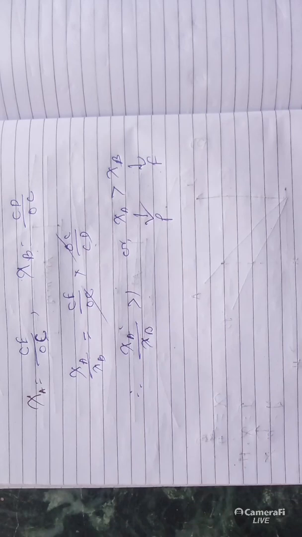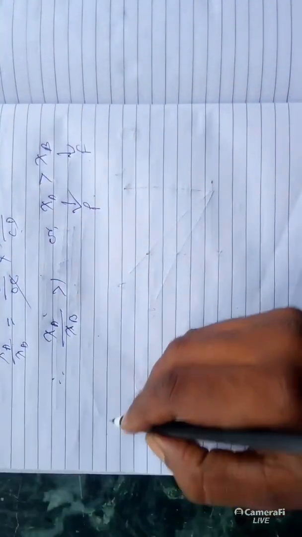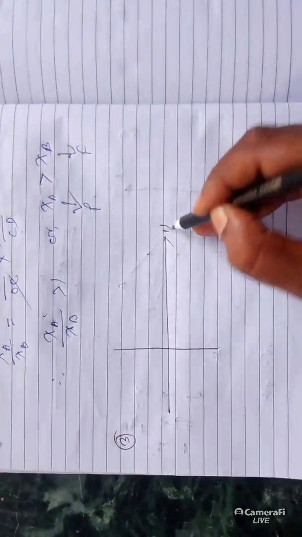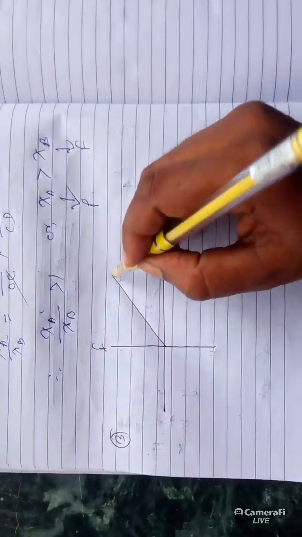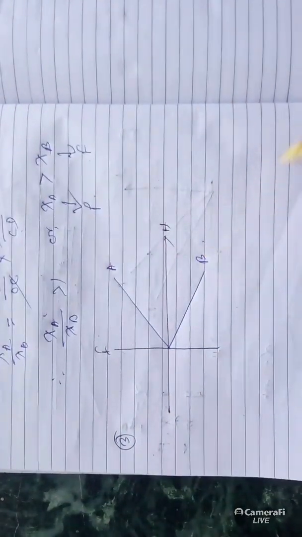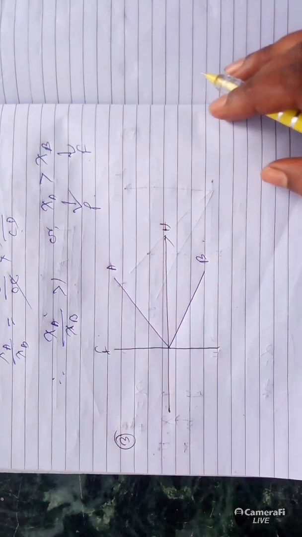The following figures show the variation of intensity of magnetization versus applied magnetic field intensity for two magnetic materials A and B. You have to identify the materials A and B. Very important, another type of I versus H graph. The graph is just like this. This is the H, this is the I, and two graphs are given to you. The first graph is A, and the second graph is B.